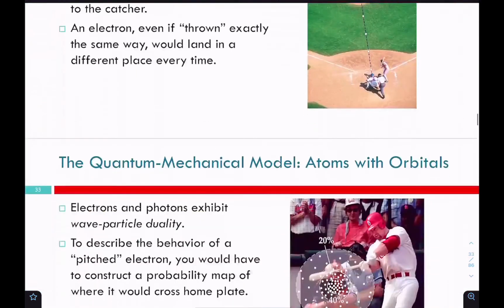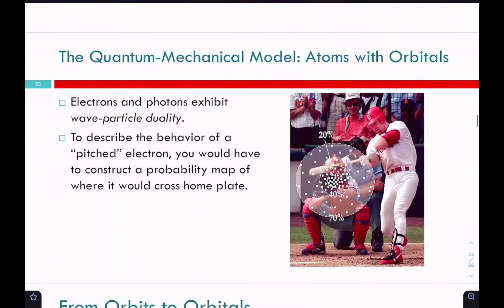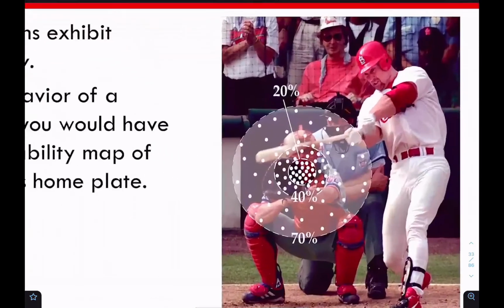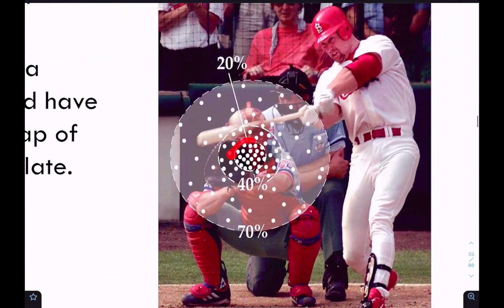And so that's why we represent this with a probability map. So it has this wave-particle duality. Even though the electron is, in this analogy, being thrown exactly the same way, if we zoom in on this, in here it's going to land in there 20% of the time.